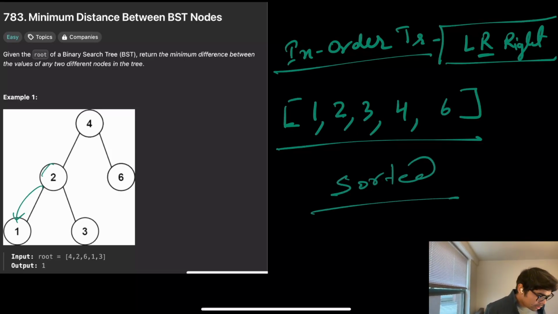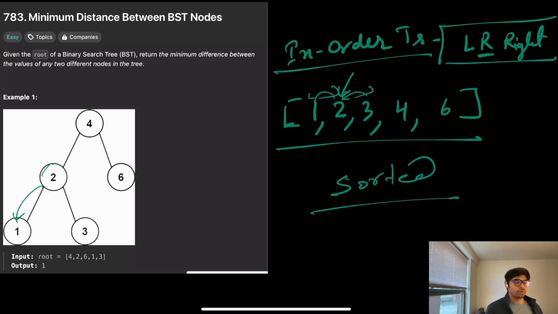Now tell me, if I start a pointer on the first value and go up to the n-1 or n-2 index, and then compare each value with the next value, or you can start your pointer here and keep comparing with the previous value, because the minimum difference will be present between two close values, right?